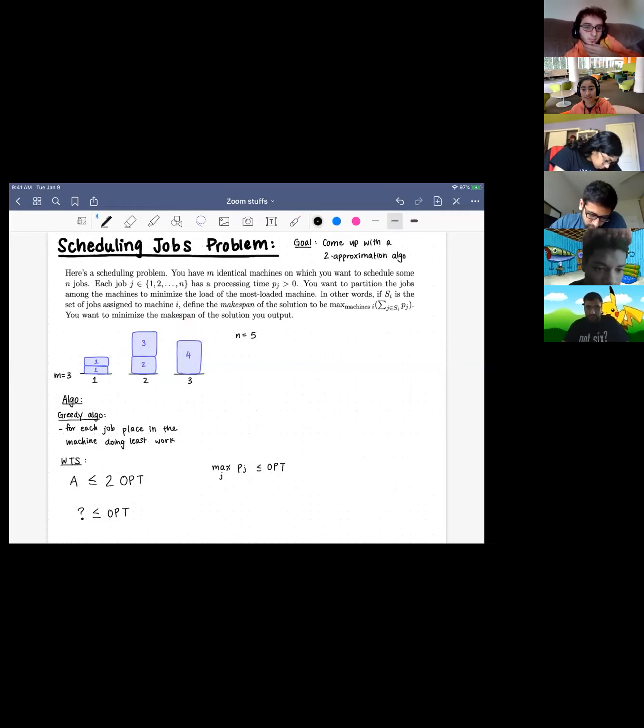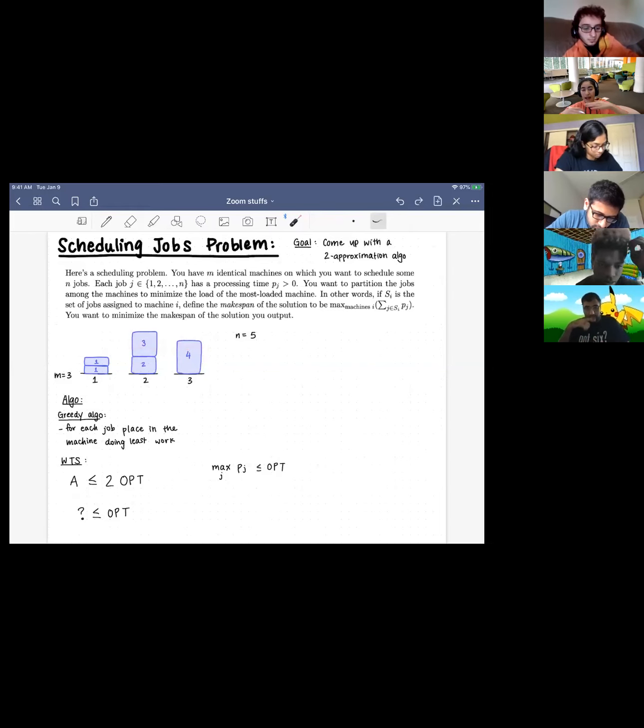The second one is also kind of interesting. Opt is greater than or equal to the sum over n, which you can think of as the average processing time. One way to think of what this means is if we took all of these jobs we have here and we melted them, or blended them into a smoothie, we would be leveling them out so that they would just become the average somewhere down there.